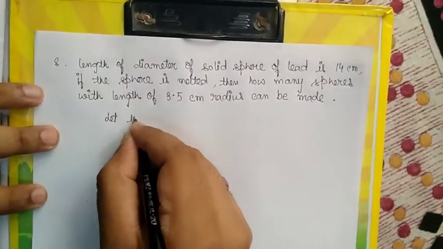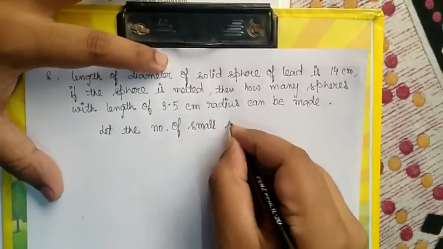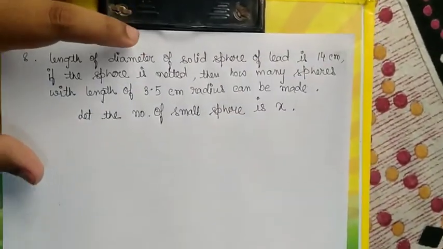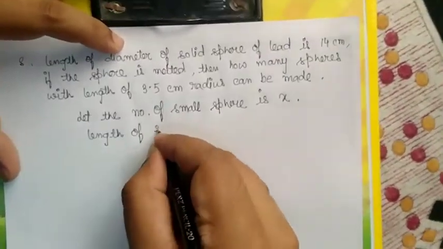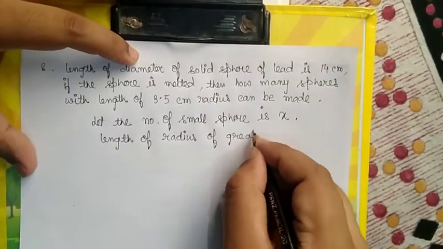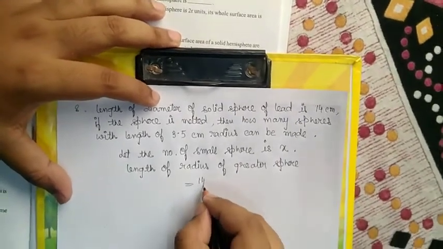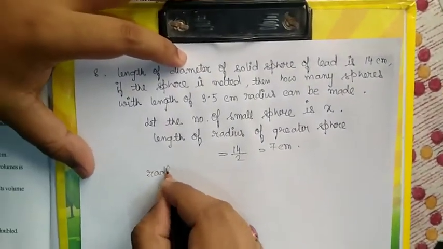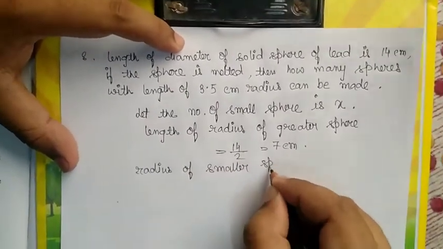Let the number of small spheres be x. The length of the radius of the greater sphere equals 14 by 2, equals 7 centimeter, and the radius of the smaller sphere is 3.5 centimeter.